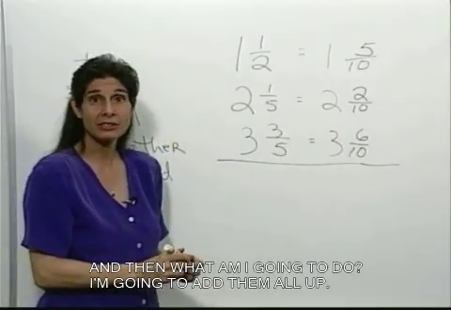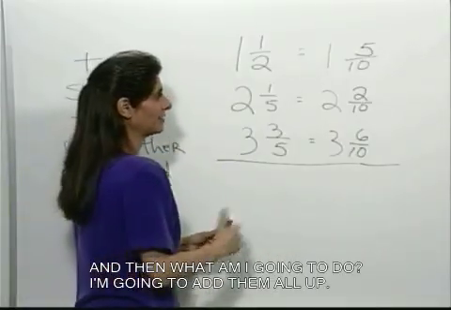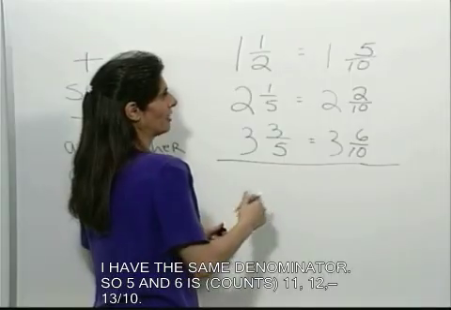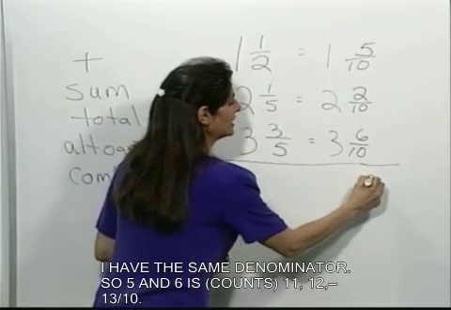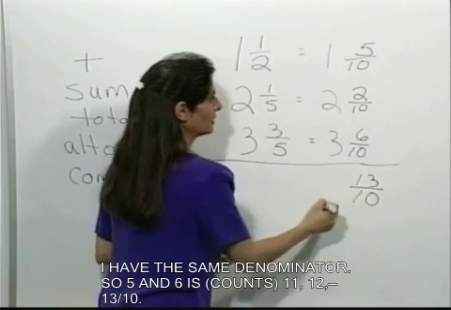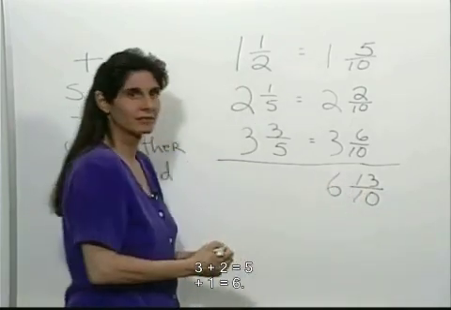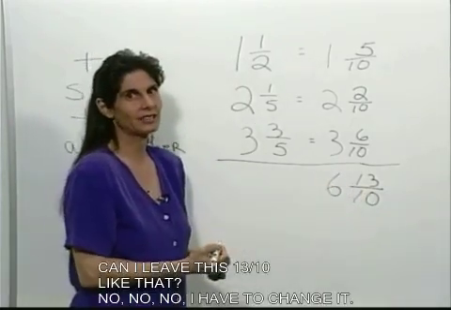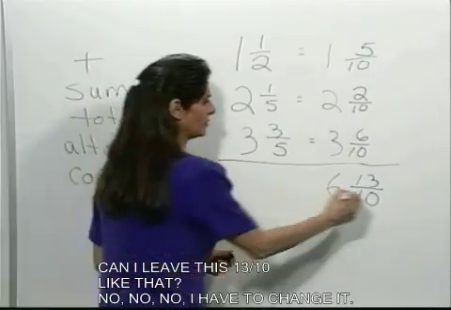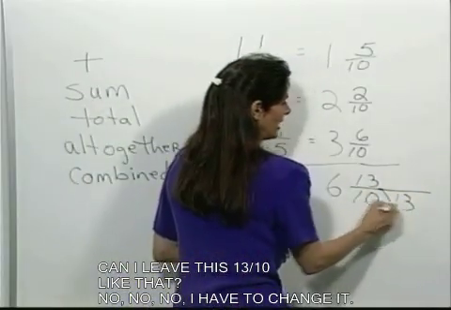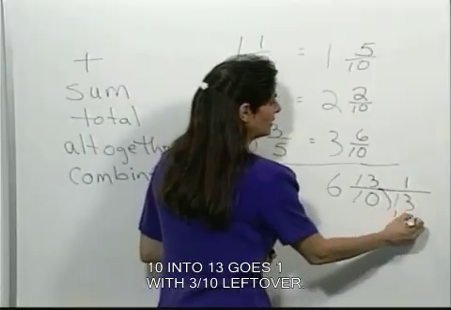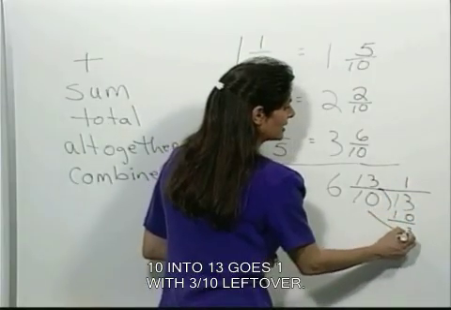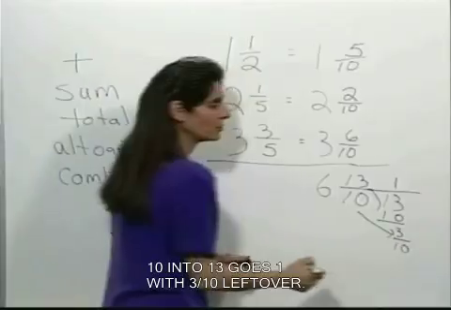And then what am I going to do? I'm going to add them all up. I have the same denominator. So 5 and 6 is 11, 12, 13 tenths. 3 and 2 is 5, and 1 is 6. Now, can I leave this 13 tenths like that? No, no, no. I have to change it. 10 into 13 goes once, with 3 tenths left over.